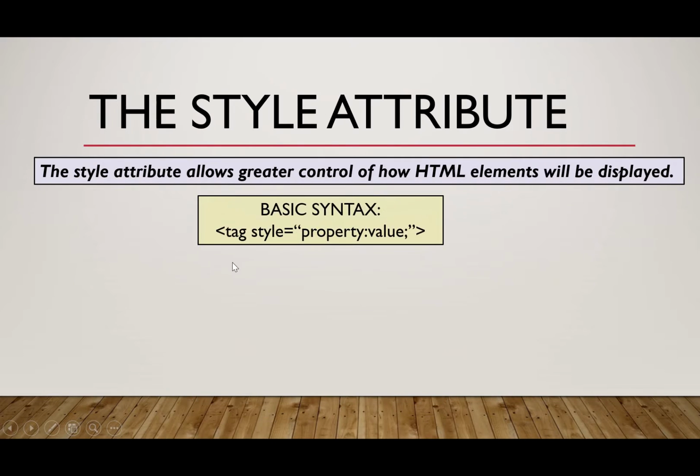The basic syntax of a style attribute is very similar to what you just saw, except you're going to say, if this tag could be a heading or paragraph, then you would say style. So this is a style attribute equals, and then we're going to have a property, which could be something like font type, text color, text align, any of those kinds of things, and then a value, and the values would be like the color, the font size, or those types of things.